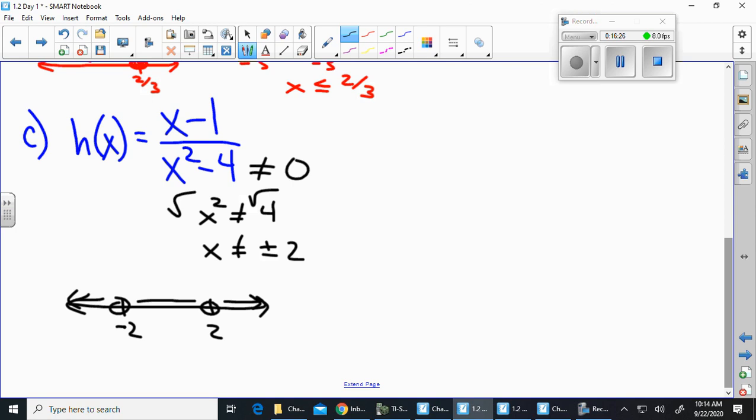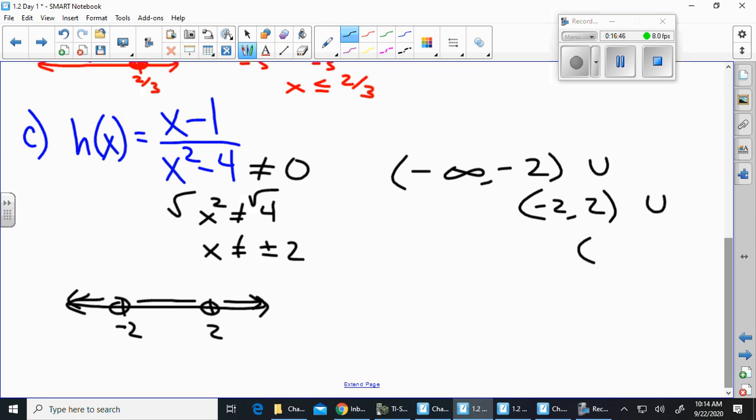How do you think of that in interval notation? Left to right, I can put in things from negative infinity to negative 2. I can't put in negative 2, but then I can put in anything from negative 2 to 2, but I can't put in 2, and then I can put in anything after 2.